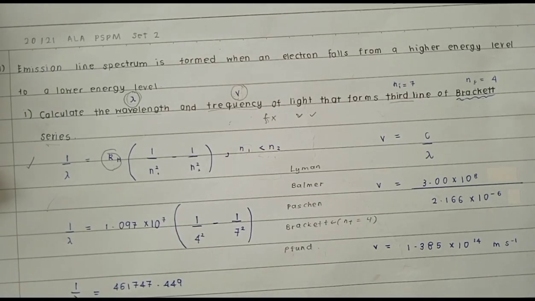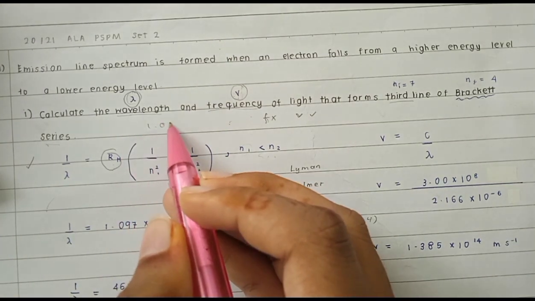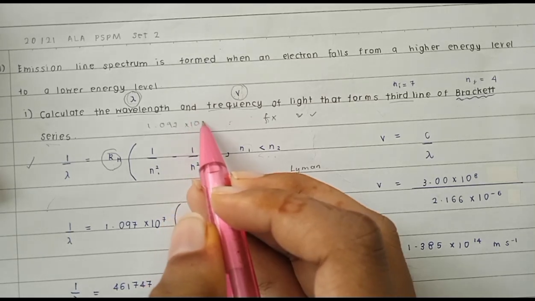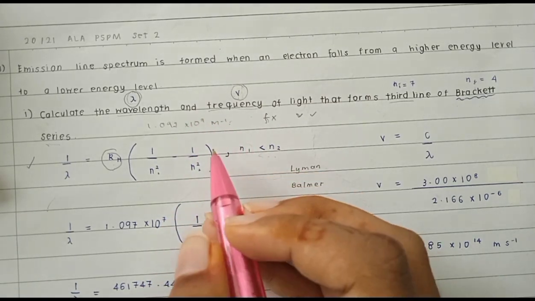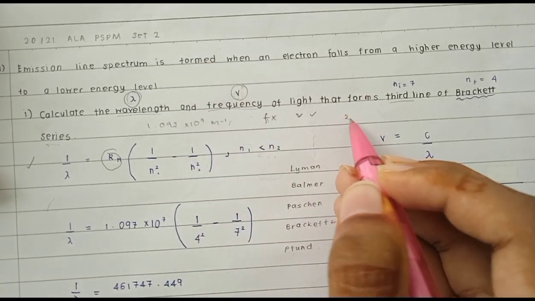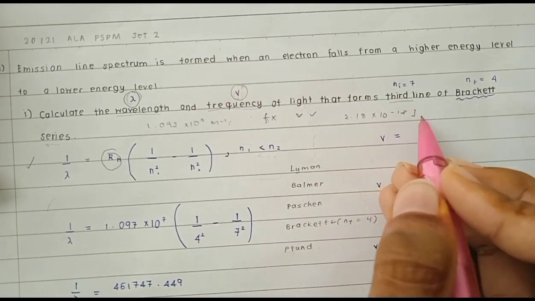Which do you need to use? There are two RH values. One is 1.097 times 10 to the power of 7 m^-1, and another one is 2.18 times 10 to the power of negative 18 joule.